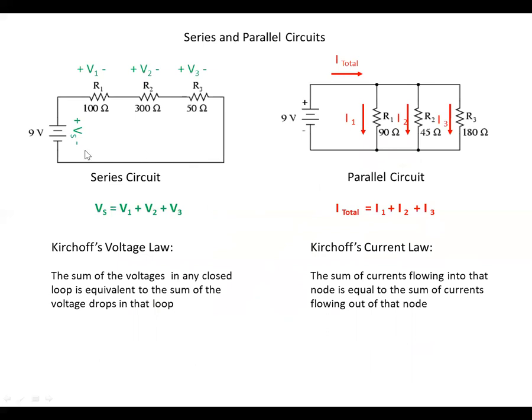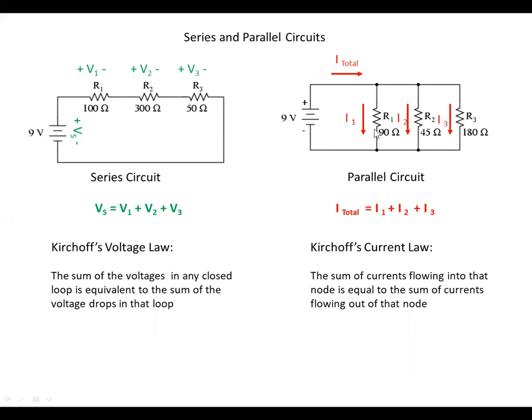So what we have here is, and I'm going to go through this more for understanding rather than you actually having to do it, although it's not all that difficult once you understand some of these basic concepts. But in this case, we have a 9-volt battery connected in series with 3 resistors, a 100 ohm, a 300 ohm, and a 50 ohm resistor.